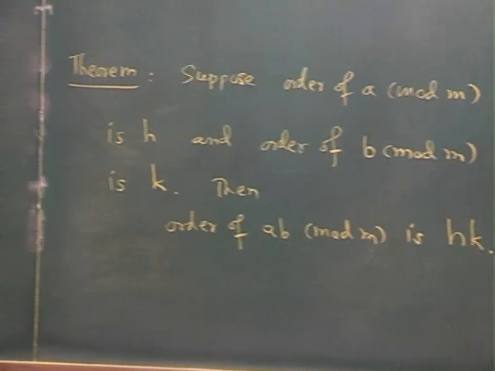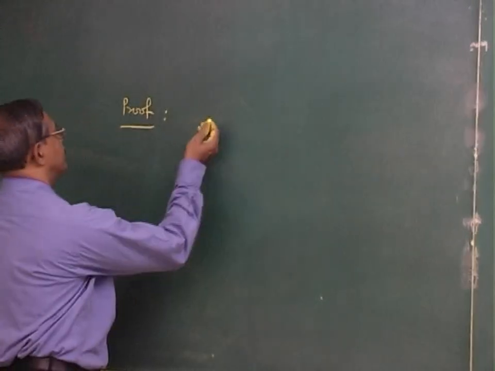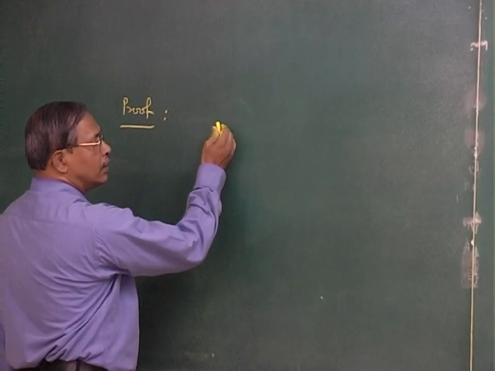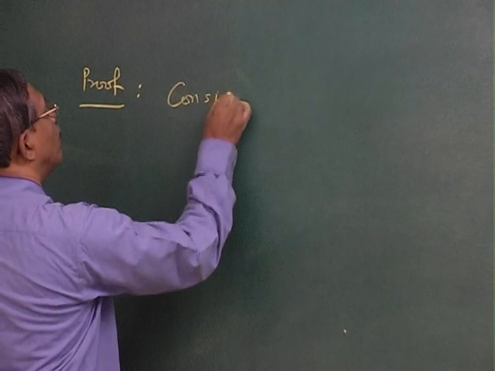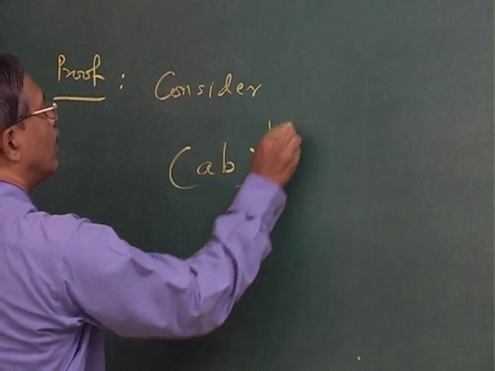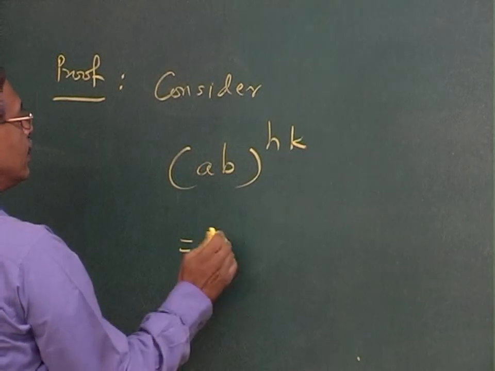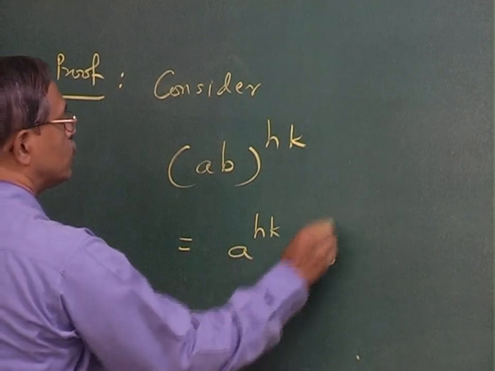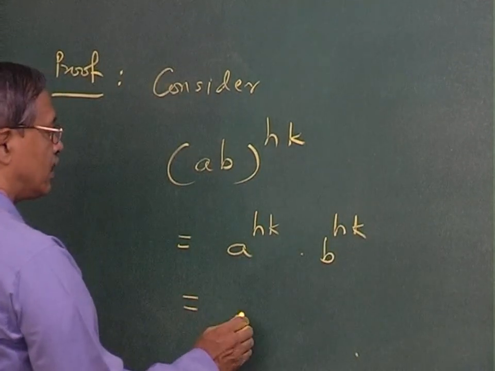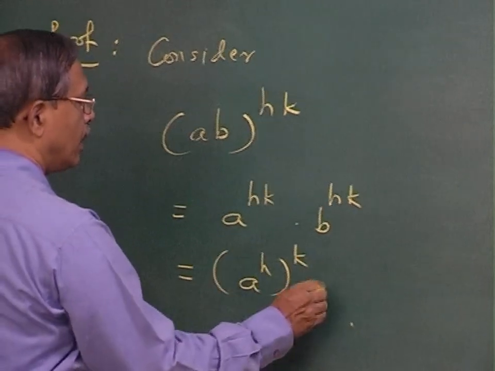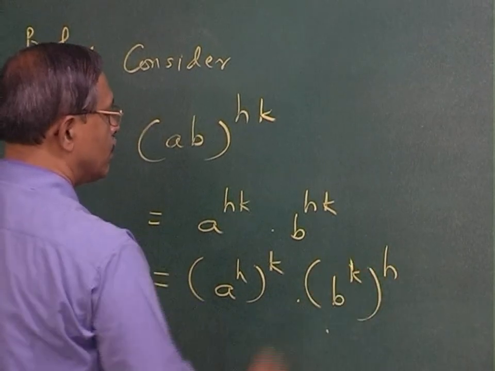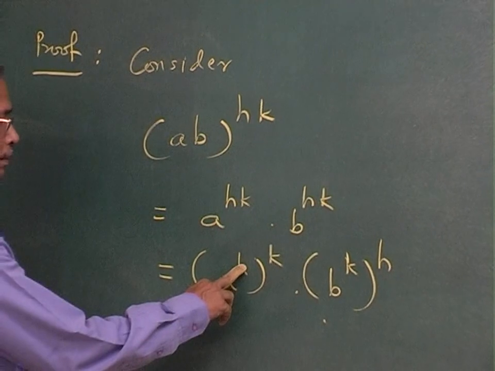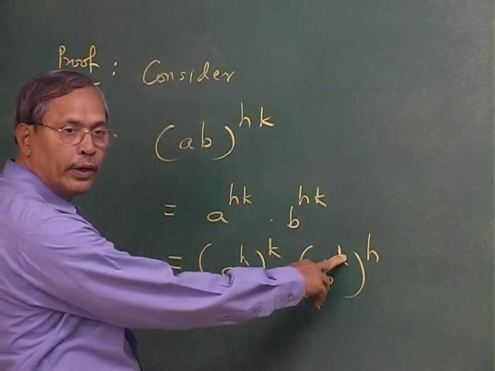So, proof. First, if you take AB raised to HK, that is A raised to HK into B raised to HK, which can be considered as A raised to H raised to K into B raised to K raised to H. But A raised to H is congruent to 1 mod M and B raised to K is congruent to 1 mod M because H and K are orders.